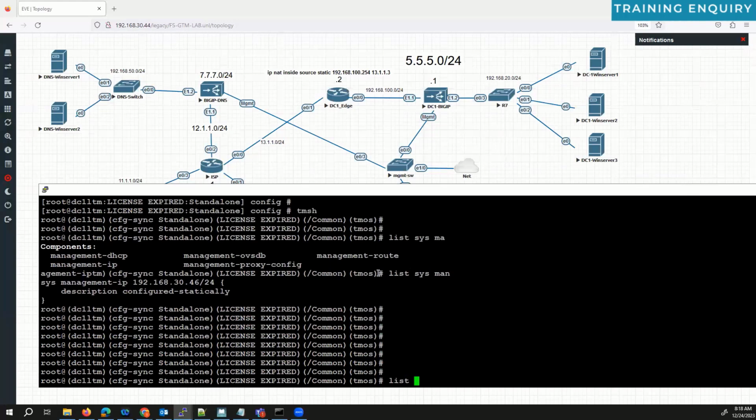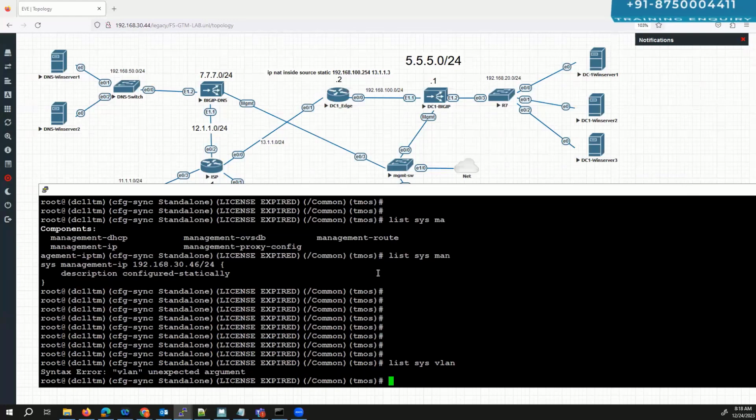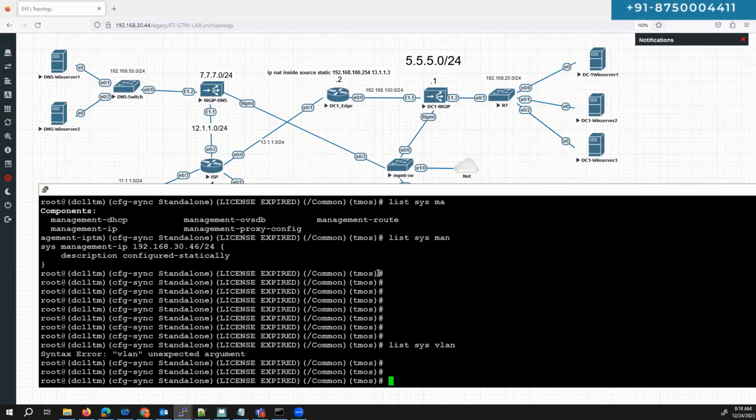Okay. I'll just show you the IP addresses configured on different interfaces. So list sys VLAN. No, okay, that's the wrong command.